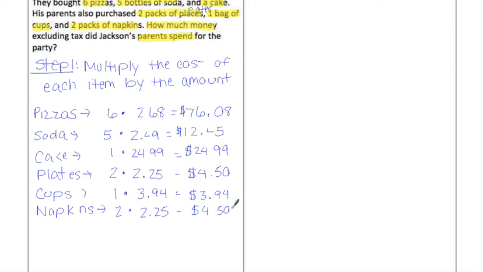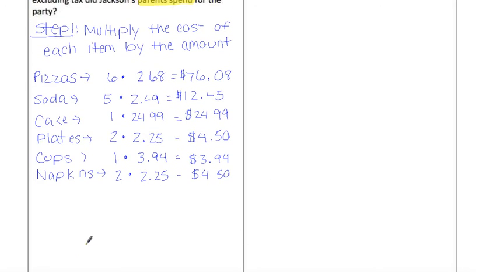So now we know how much each item cost us when we purchased it. The last step that we need to do is we need to add the cost of all of those items together. So step 2 is going to be to add up the cost of all the items.